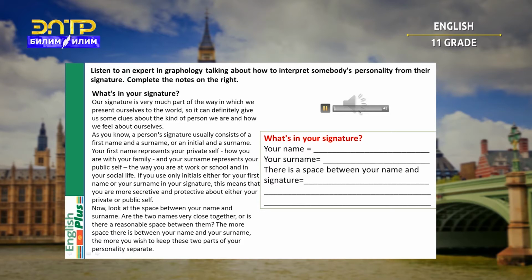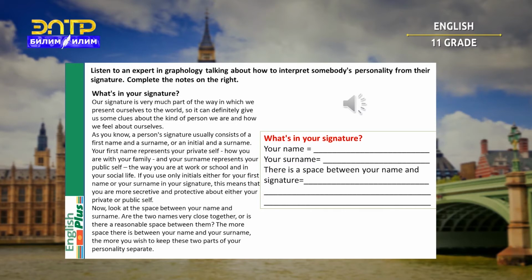1.17. What's in your signature? Our signature is very much part of the way in which we present ourselves to the world, so it can definitely give us some clues about the kind of person we are and how we feel about ourselves. As you know, a person's signature usually consists of a first name and a surname, or an initial and a surname. Your first name represents your private self, how you are with your family, and your surname represents your public self, the way you are at work or school, and in your social life.